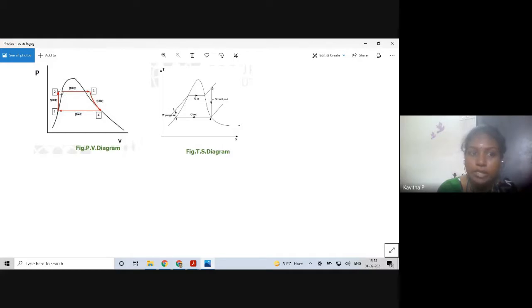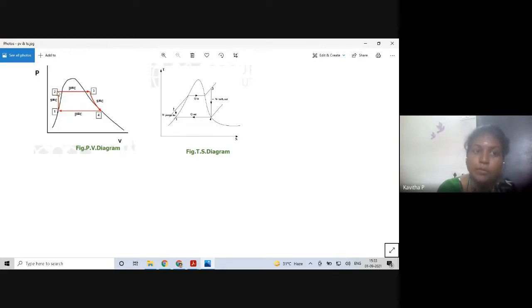This entire process is the conversion of wet steam into dry steam. Beyond this curve line over here, the steam is converted into superheated steam. Is it clear? So over here, the water is in normal water state. It is first converted into wet steam, then into dry steam, and then into superheated steam.